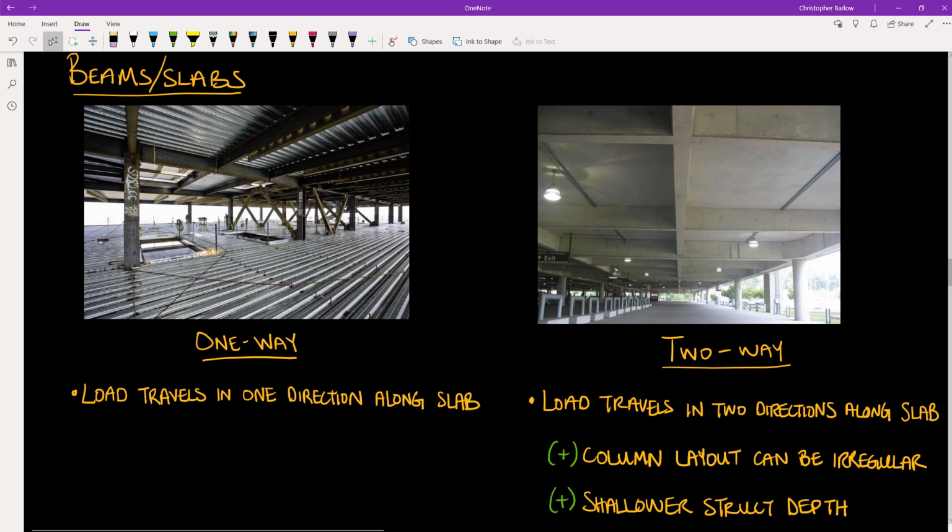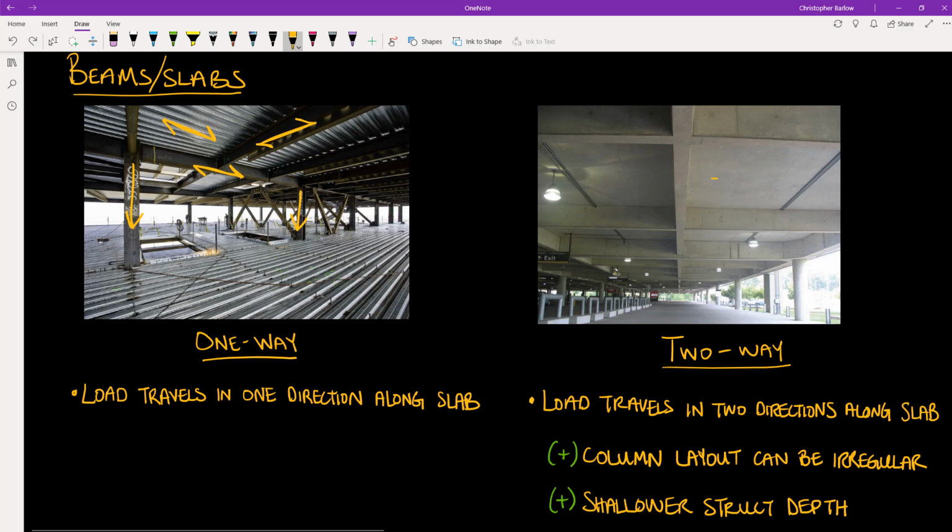And as the name implies, with a one-way system, as we saw in steel, the load travels in one direction along the slab. So in this case here, we have the load traveling roughly east-west along the slab, and then north-south along the beams, and then east-west again along the girders, and finally into the columns.